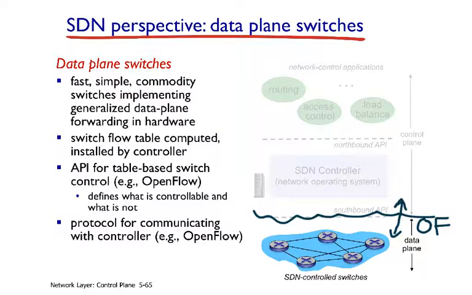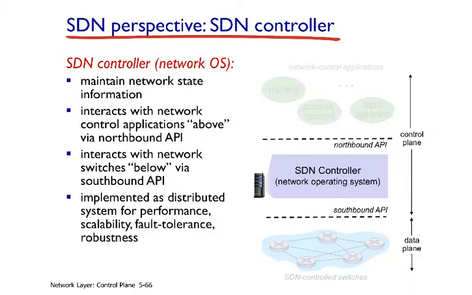They can communicate with the controller by means of the OpenFlow protocol, which is basically open and not proprietary. If we move toward the SDN controller, first of all, we have the network operating system. We have to select a specific controller. We will see different types of controllers. The controller operates with the data plane by means of a southbound API, and with the applications by means of a northbound API.